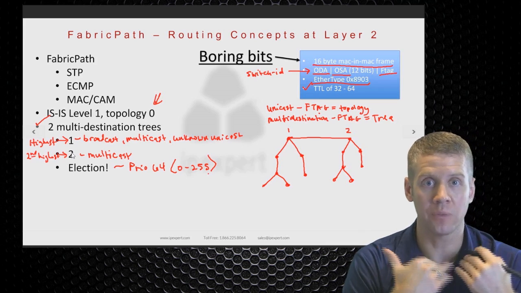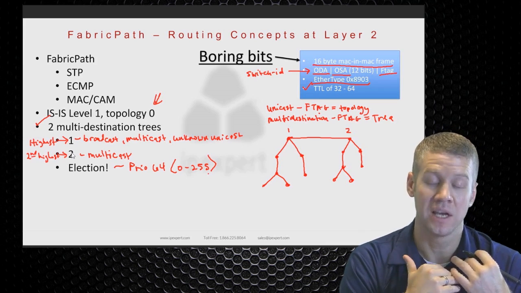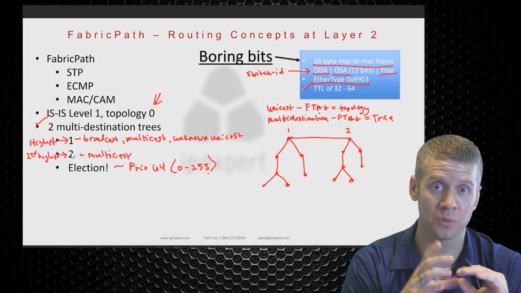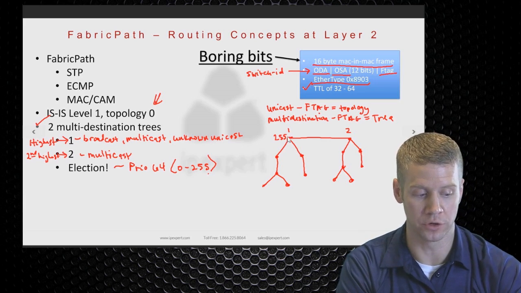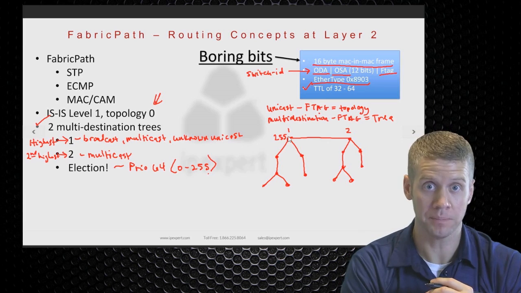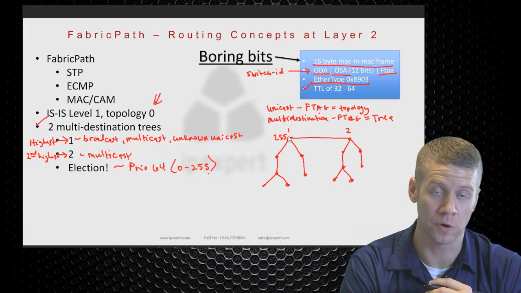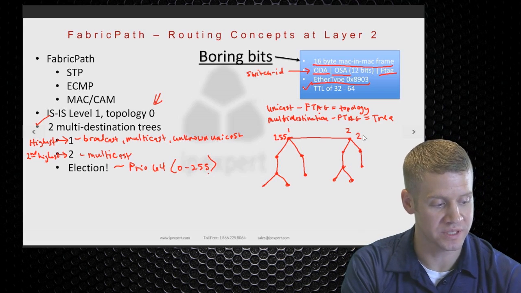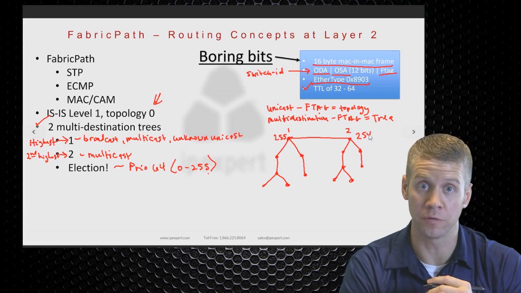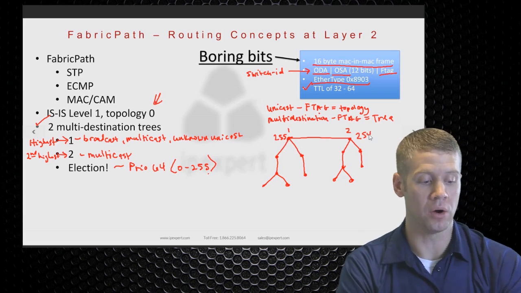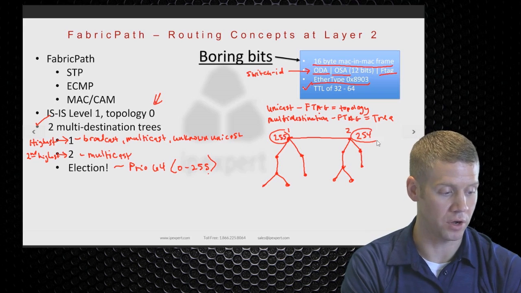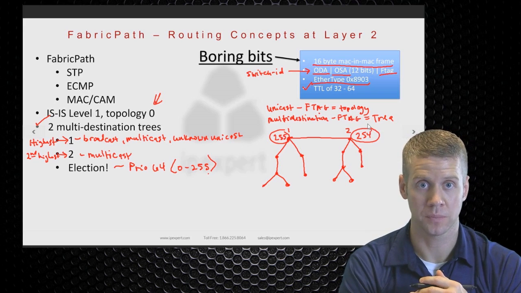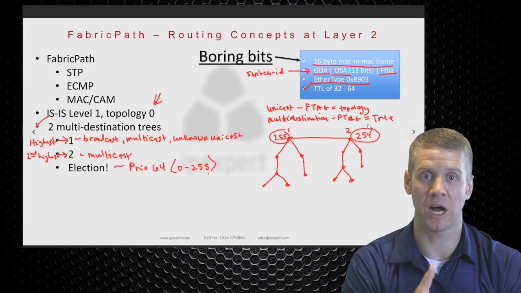So again, what Jason does in these scenarios is when I pick a switch that I want to be the root for tree 1, I'm going to assign a priority of 255. When I want the root for tree 2, I'm going to assign a priority of 254. That way I know, hey, this guy is always going to be the root for tree 1, and this guy is always going to be the root for tree 2. That's how I kind of jive with this.